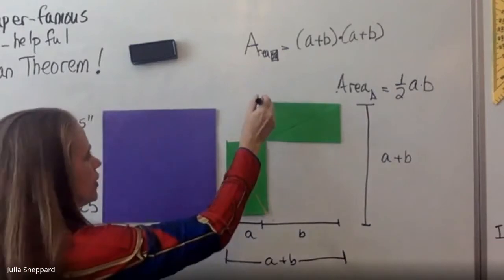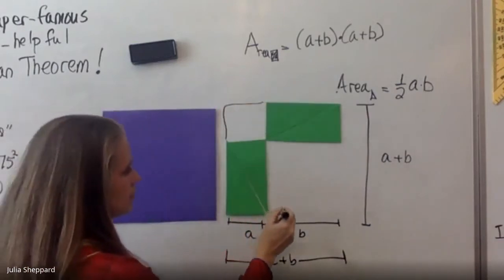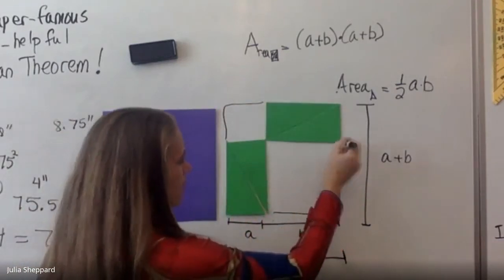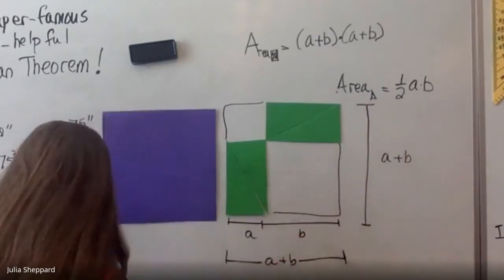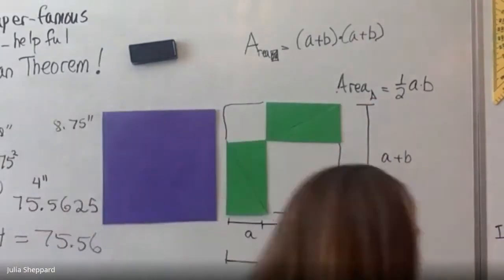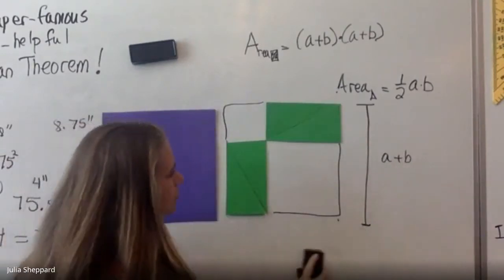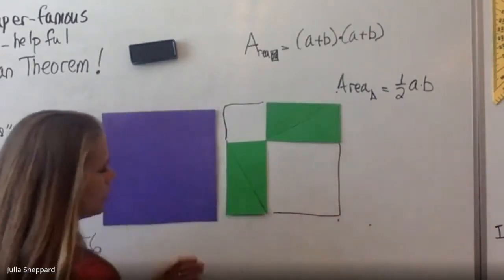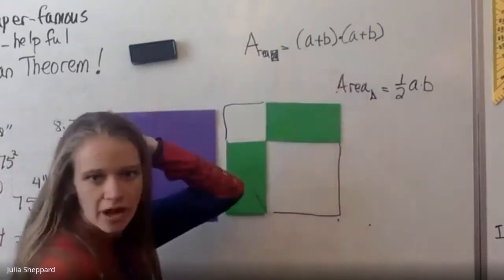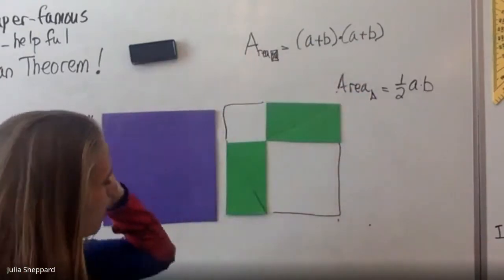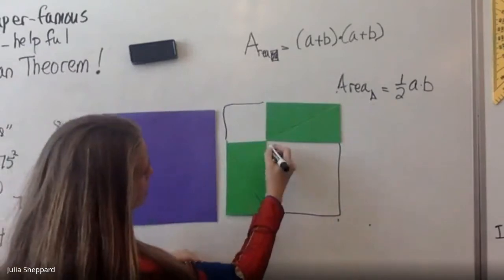Now, if I drew in this, well, we know that's A plus B, but we're going to use some different information now. Where's my eraser? Now we know it's A plus B and A plus B. Fine, we already got that part. Now I'm looking at this right here. What is this?